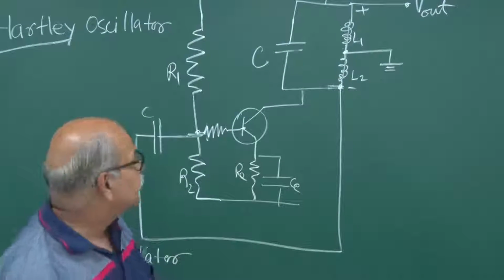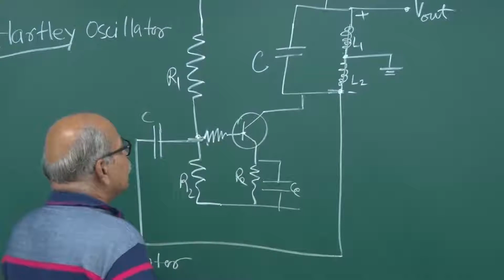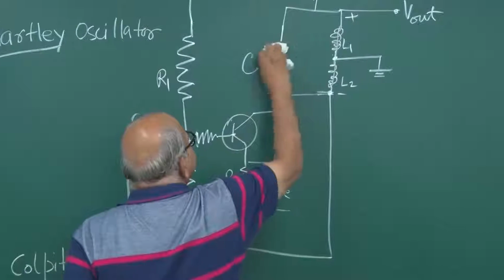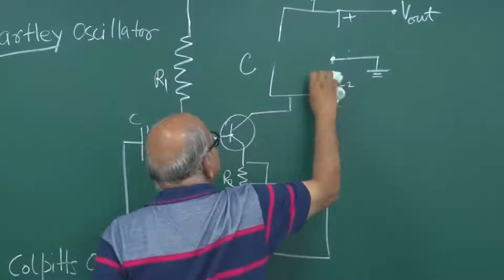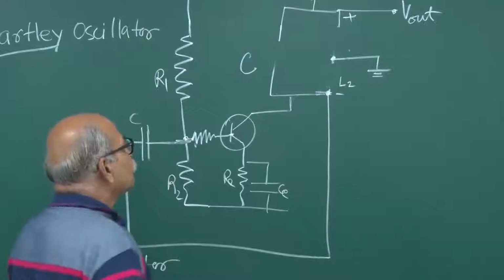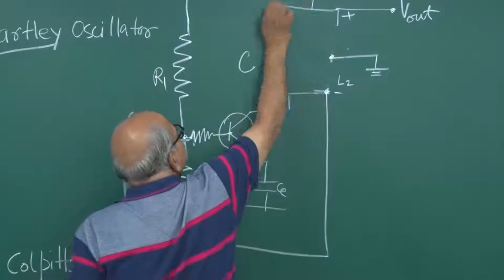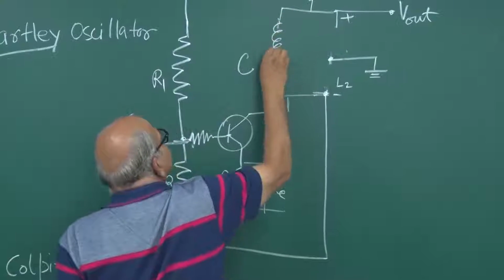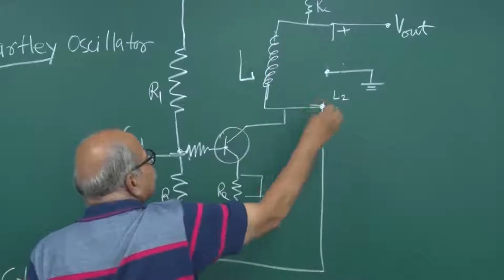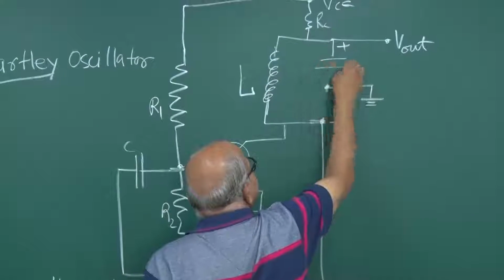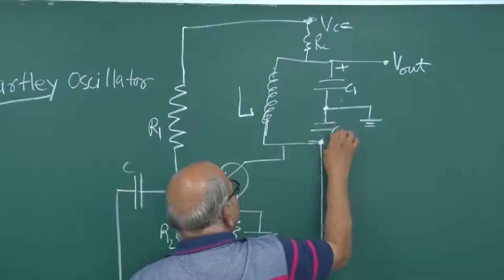So I can just modify this design itself. You will have an inductor here, this is L, and then you have 2 capacitors here, C1 and C2. So this also works well.